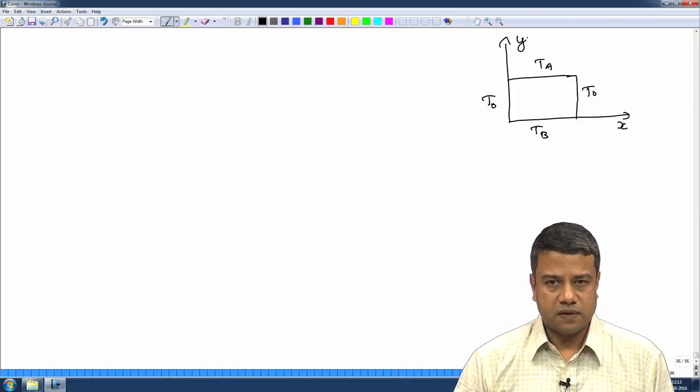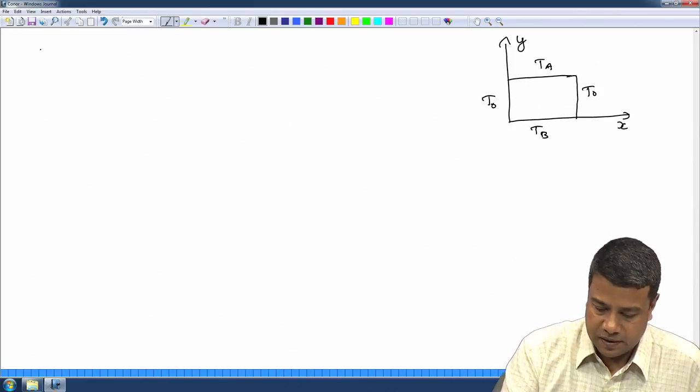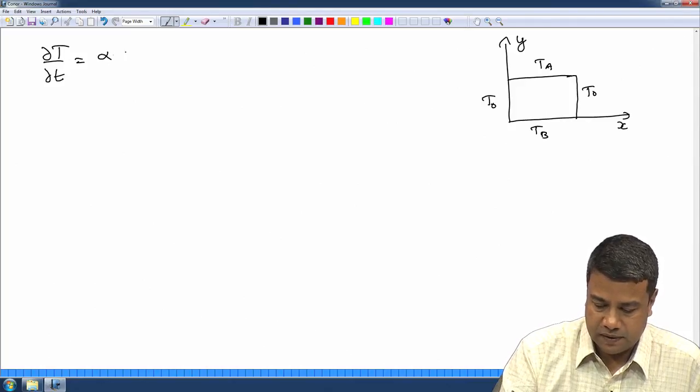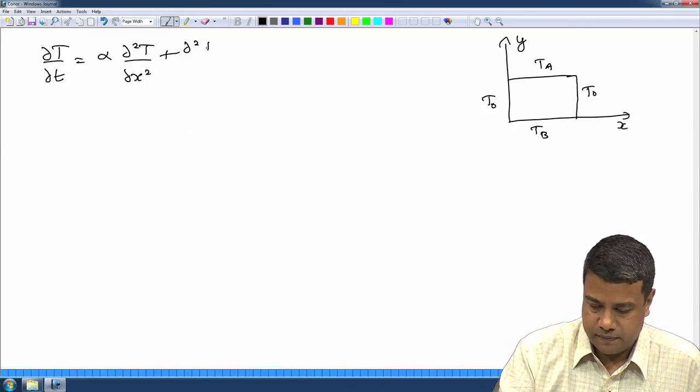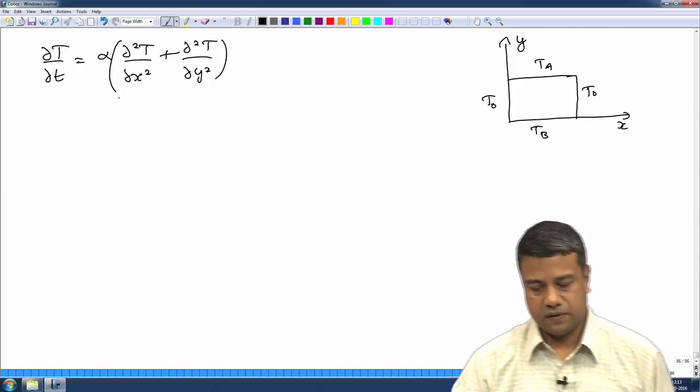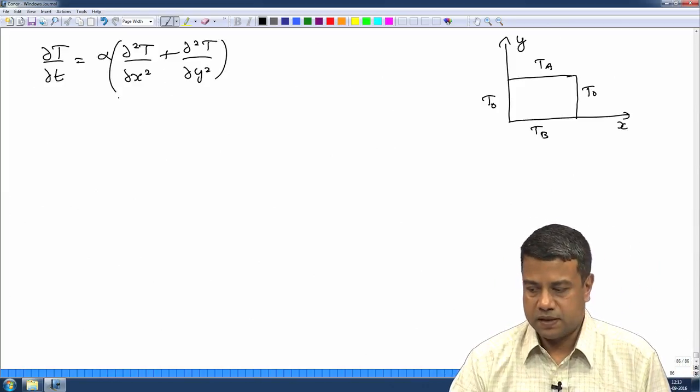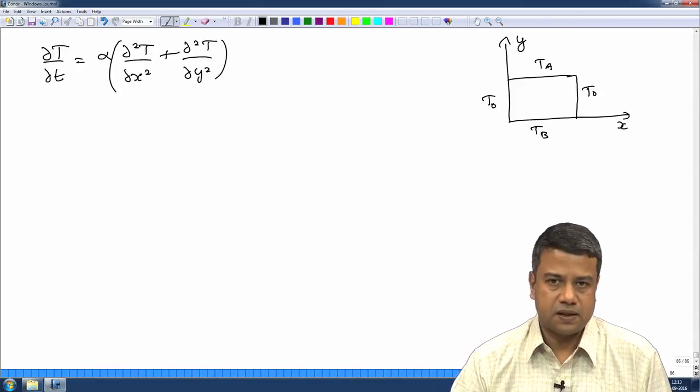If I were solving this for an unsteady equation, the equation would be of the form partial T by partial t is equal to alpha times the Laplacian of T. If I was solving for the unsteady problem, the equation would be of this kind.